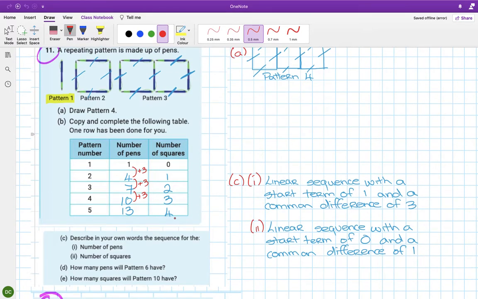So how many pens will the sixth pattern have? Okay, I think I can just do that here. So the sixth pattern will be 16 and 5. So how many pens will it have? It'll have 16.